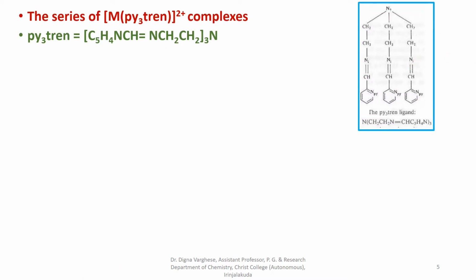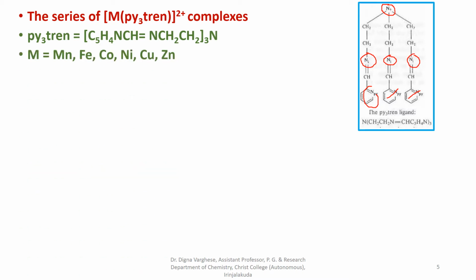You can see there are 7 nitrogens. 3 nitrogens are from the pyridine units that you can see here, and the other 3 nitrogens are imine nitrogens that you can also see here, and there is a 7th nitrogen that occupies the top of the ligand. So there are a total of 7 nitrogen atoms that can donate electrons to the metal and form a complex.